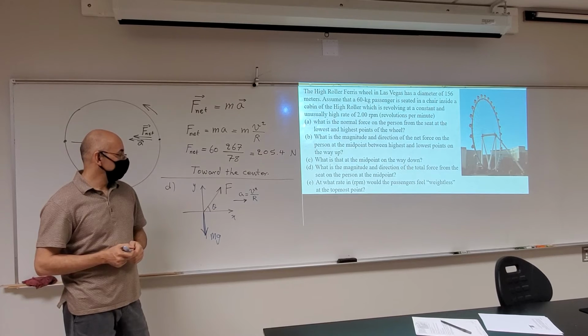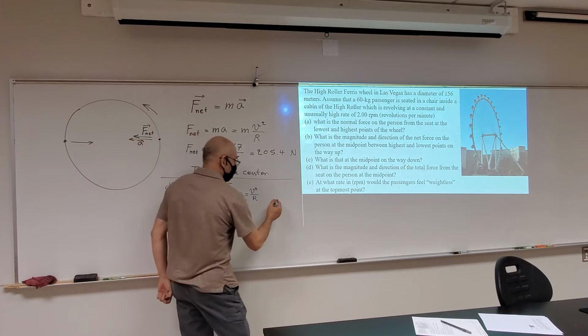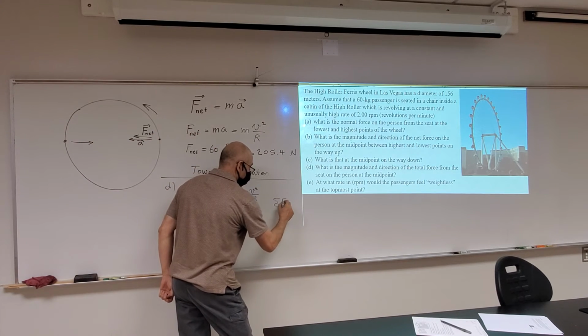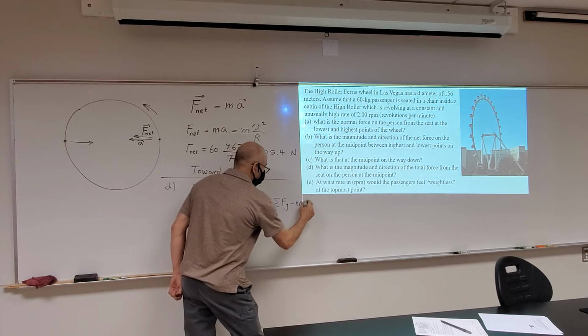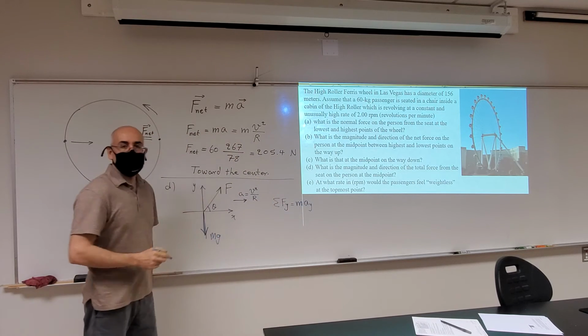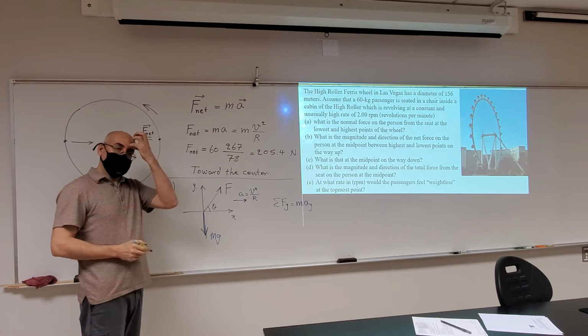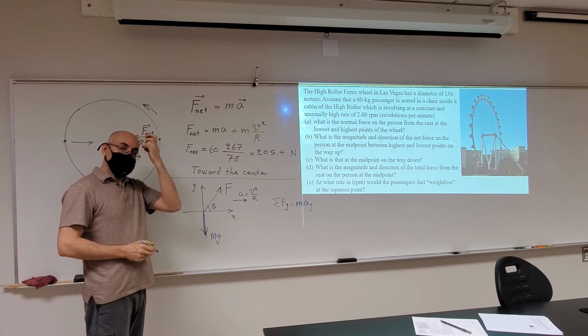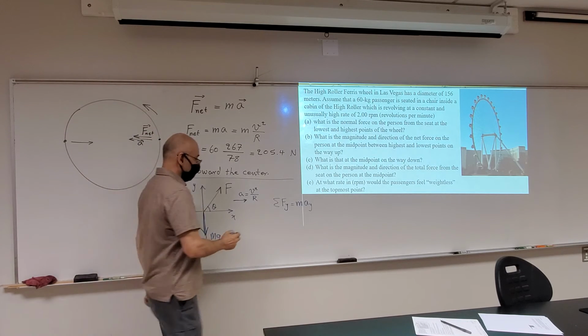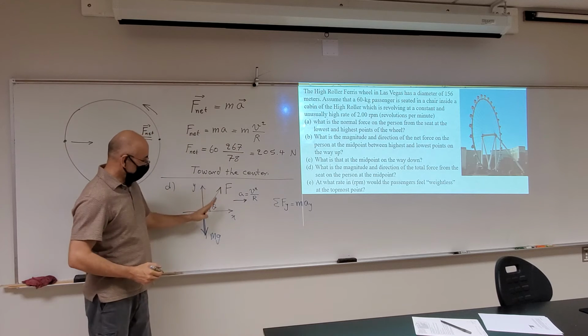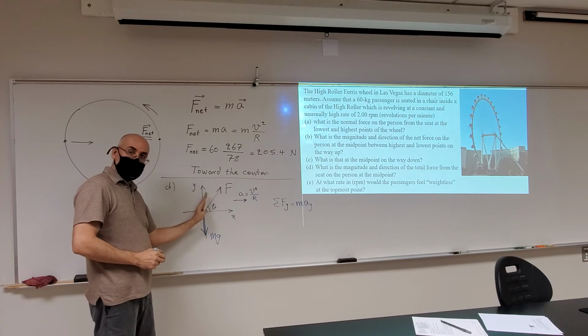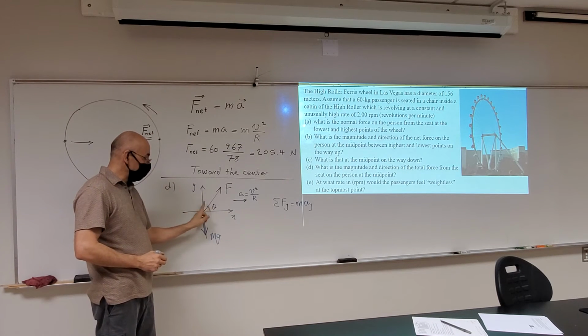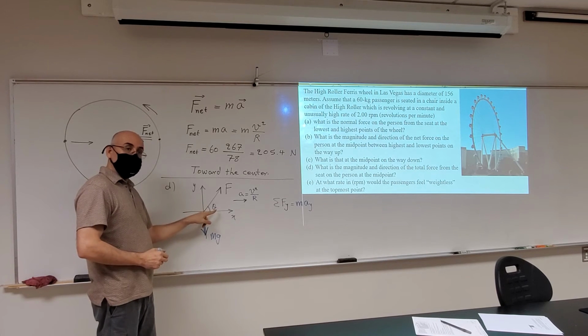So, how do I write Newton's law? Sum of Fy equals may. What does it give me? F sine theta is the vertical component. It's not adjacent to theta, so we use sine.